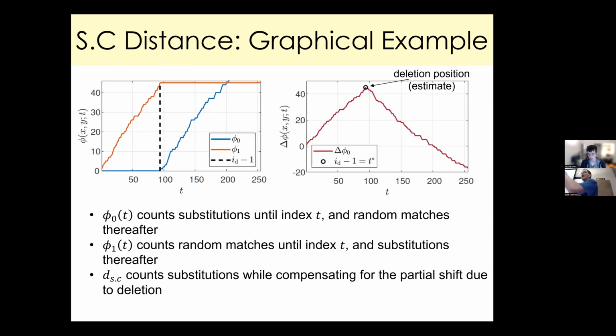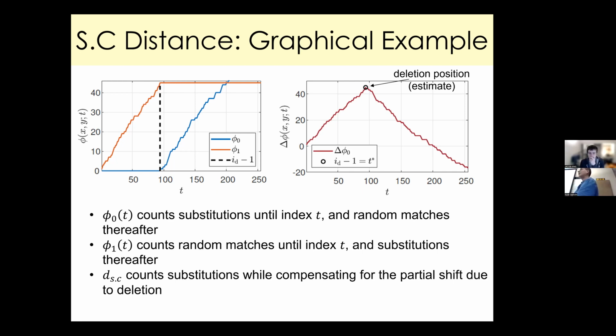Here we took Y and deleted one bit from it and got X. And what we see here is that until we get to the deletion position, the phi 0 is fixed to 0. It doesn't change. Basically, it doesn't accumulate any substitution. But once we get to the deletion position, it starts becoming unrelated because of the deletion. So we see now an increase in the slope of half.